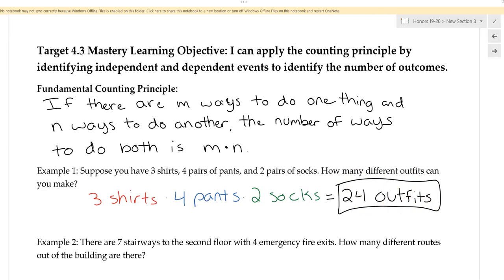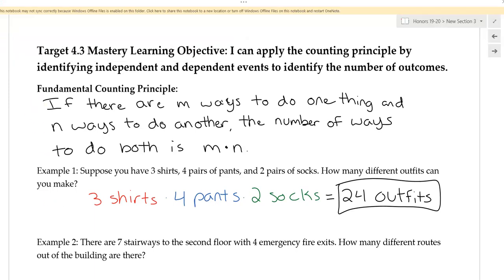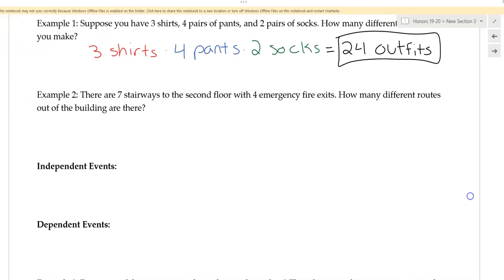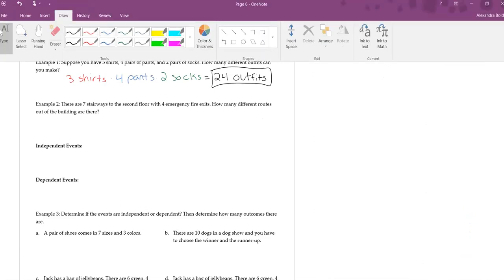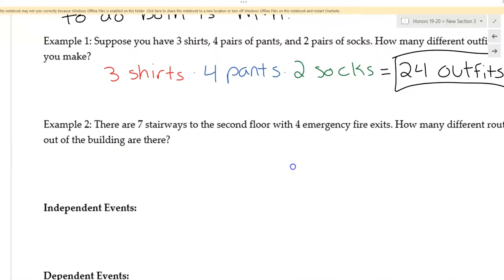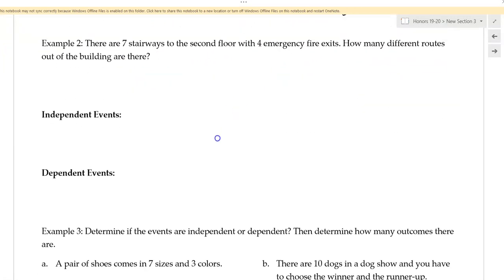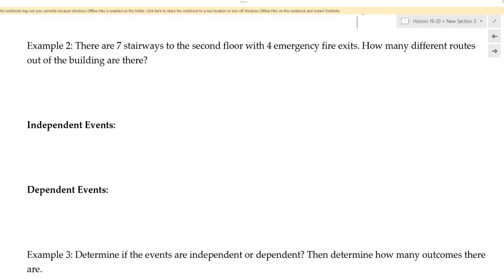Okay, same type of thing for example 2. There are 7 stairways to the second floor with 4 emergency fire exits.